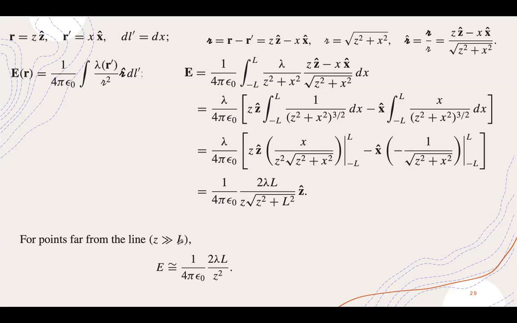In this case, you just take the ratio and take Z outside. Z comes out of the square root and multiplies with this Z.